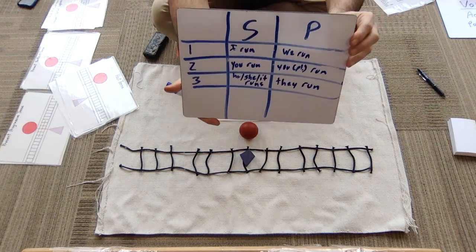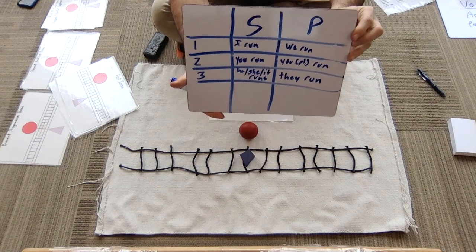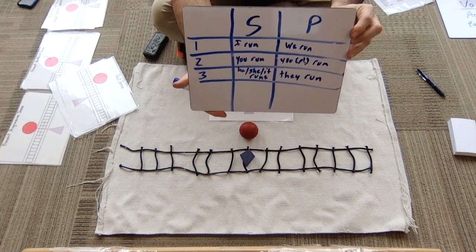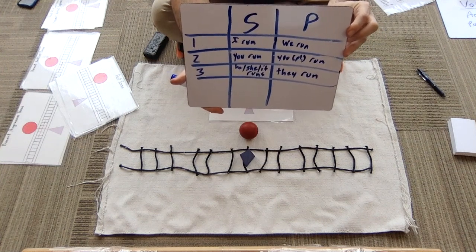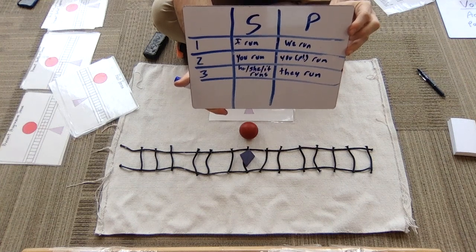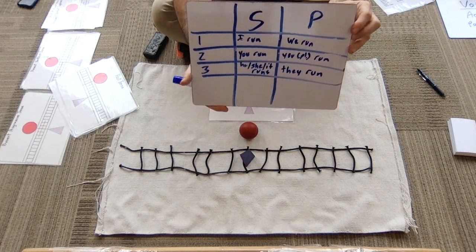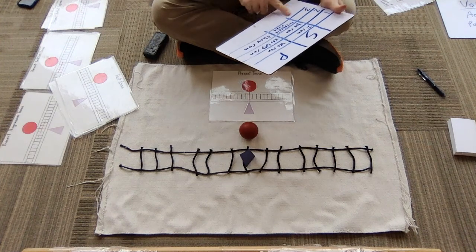Just like that. I do think I'm going to get a bigger dry erase board and make it a little bit easier for you guys. Fortunately, I brought one next to me just in case. So this is the present indicative active. Let me write that down.